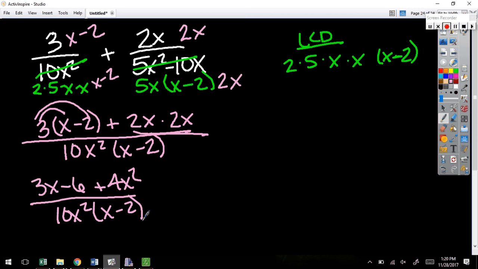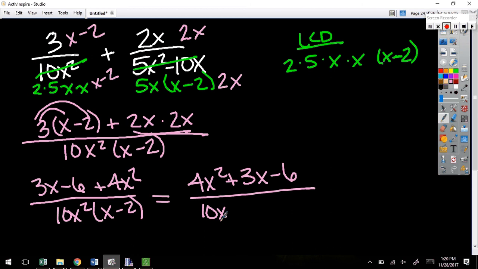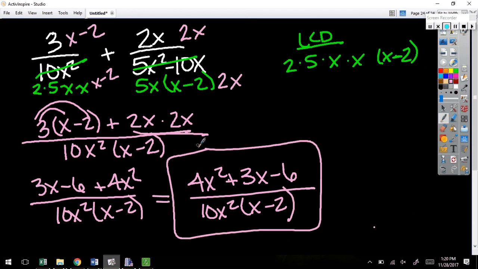Rearranged in standard form, 4x squared plus 3x minus 6 over 10x squared times x minus 2. And then nothing happens with that, because nothing multiplies to negative 12 but adds to 3. And so it's done.